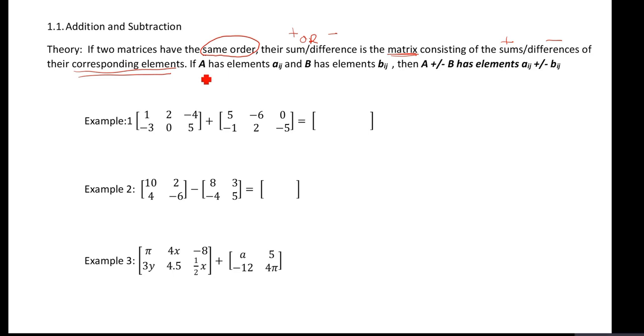In the syntax, if A has elements Aij and B has elements Bij, then A plus or minus B has elements small aij plus or minus small bij. Now, let's just get this right. That A that you see there is the name of the matrix. I could call it any letter, any Greek symbol or capital letters, whatever.